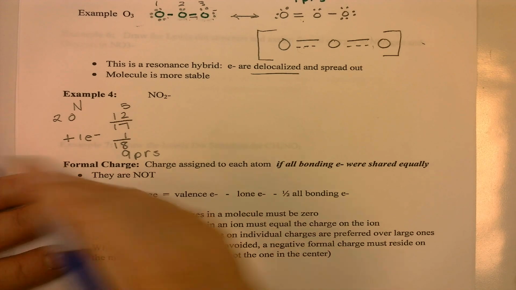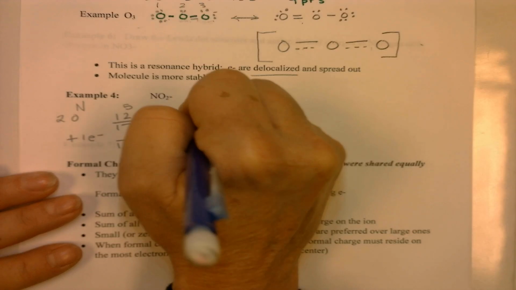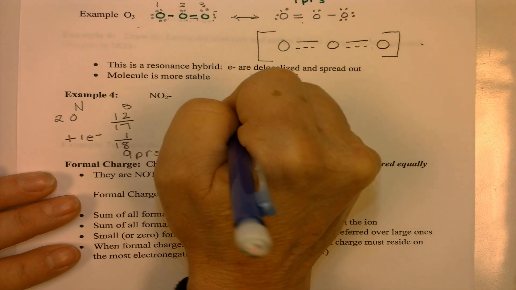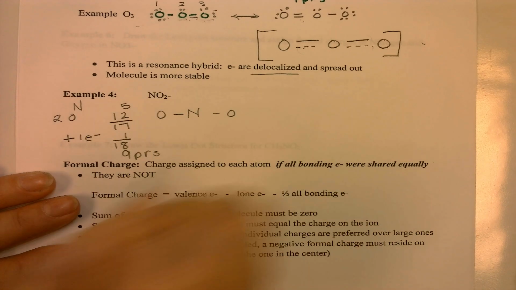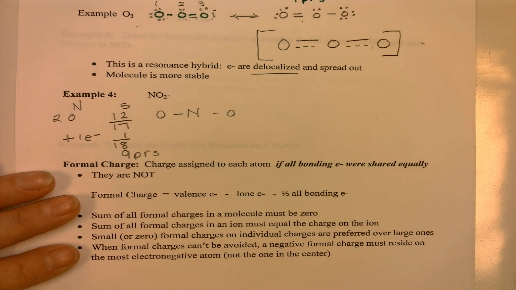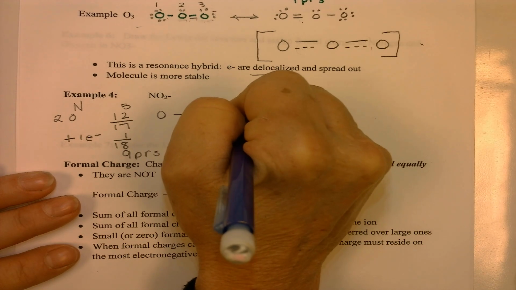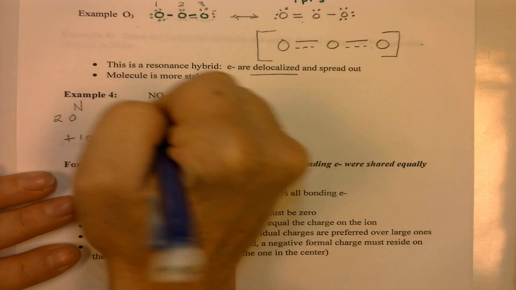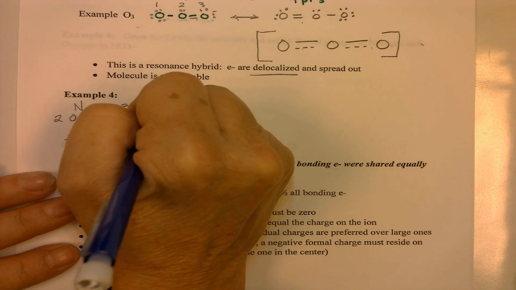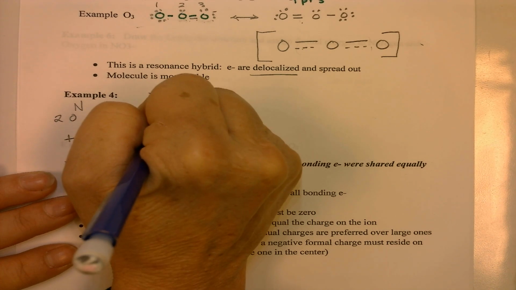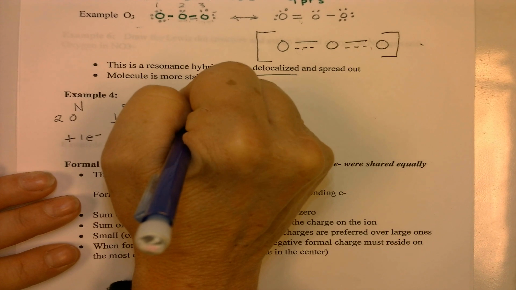Now I'm going to draw my structure. My nitrogen is in the middle. That's 2. 3, 4, 5, 6, 7, 8, 9.